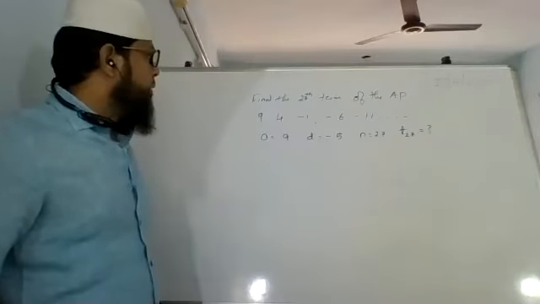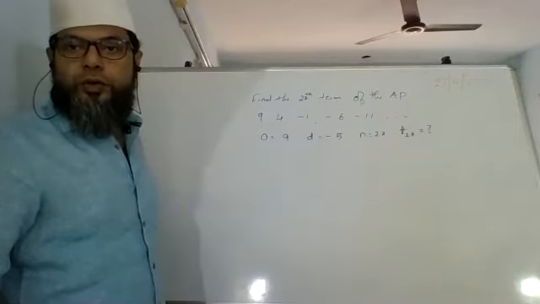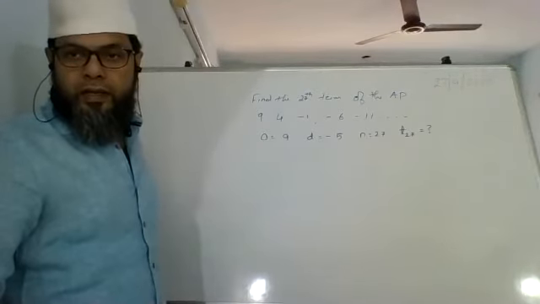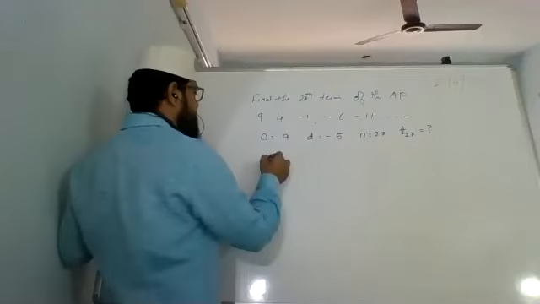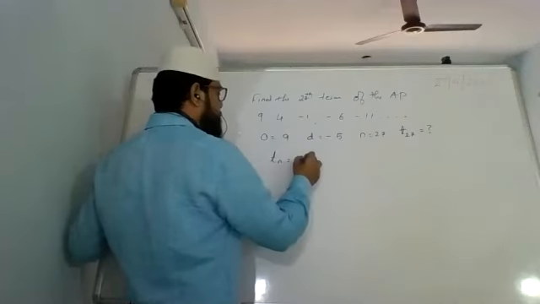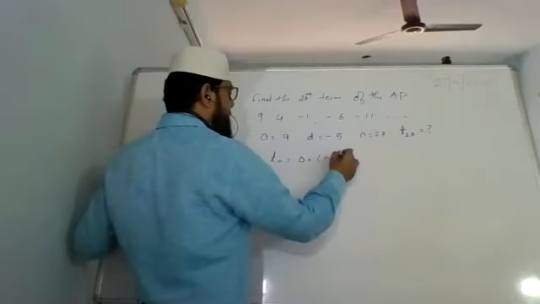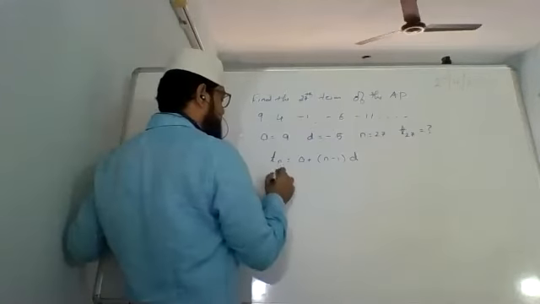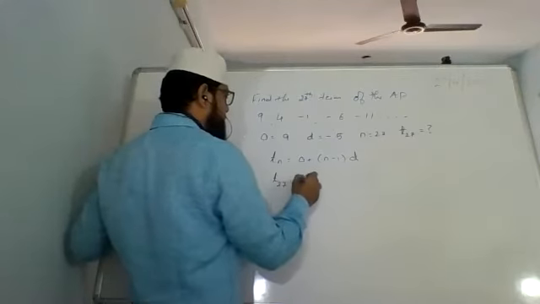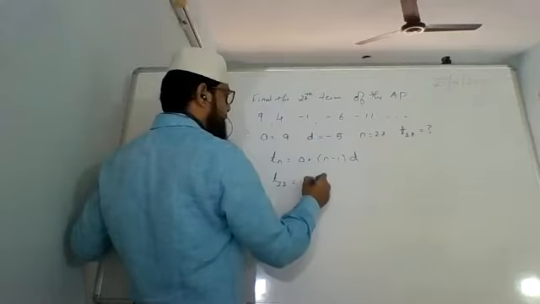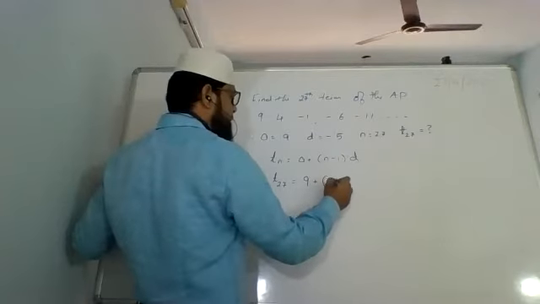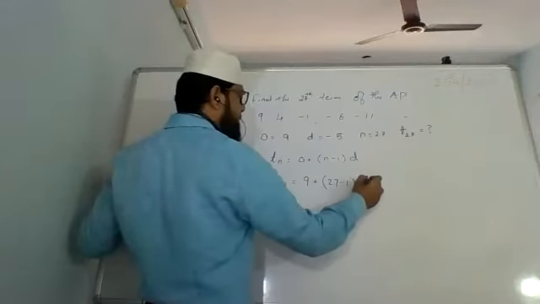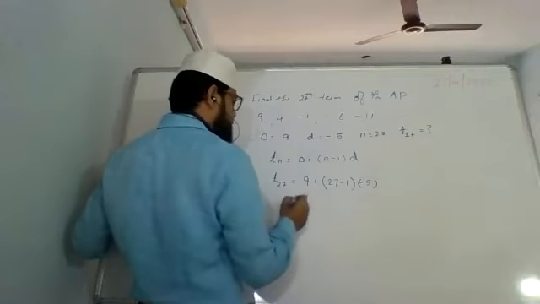So now the formula, as we all know, is simple. An or Tn equals a plus n minus 1 d. T27 equals a, that is 9, plus n, that is 27, minus 1, and d is minus 5.